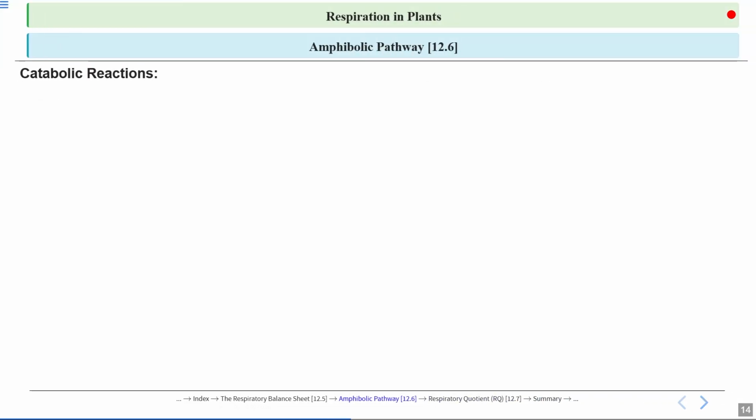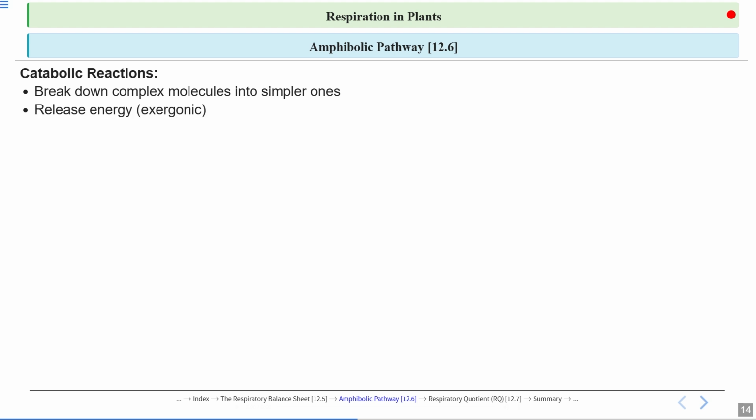So let's first talk about catabolic reactions. Catabolic reactions break down complex molecules into simpler ones. And in this process, energy is released, and therefore it is known as exergonic. So exergonic reactions are those in which energy is released. Examples of catabolic reactions include glycolysis and beta oxidation.